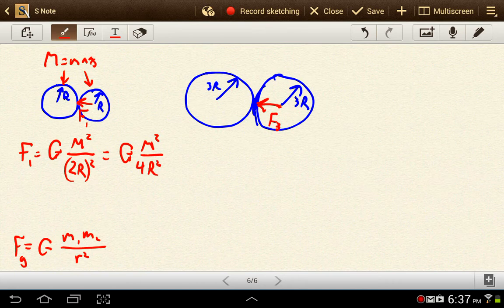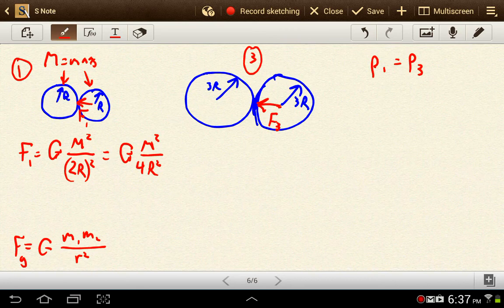Then over here, we've got these guys. First question is, what's the mass of these guys? Well, they're made of the same material, so the density of the spheres in the first situation is equal to the density of the spheres in the other one, which I'm calling situation 3 because we've got 3 times the radius, and this is situation 1.